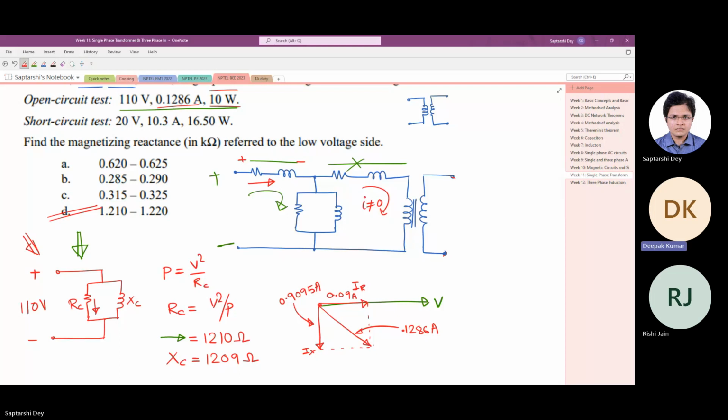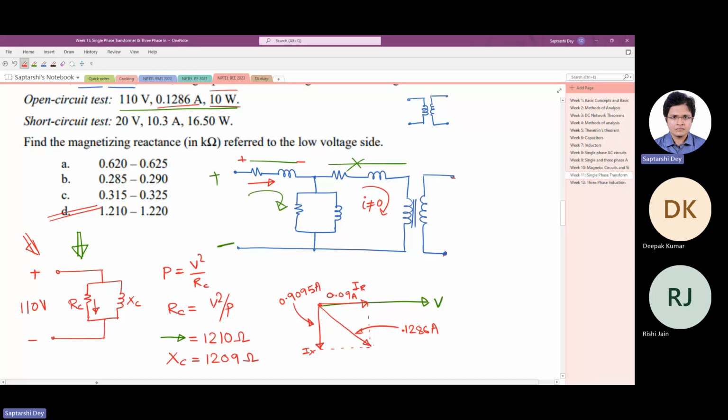In steady state, I have less idea. You have more idea in transient. In transient, inductor stored energy between t equal to 0 plus and t equal to 0 minus. I have no idea what you were saying.